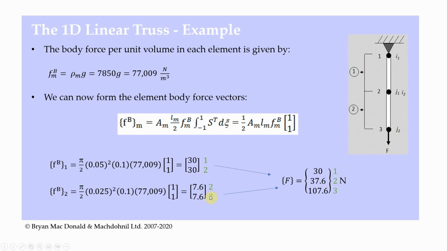Row 3 is only from element number 2, which is 7.6. But if you remember from the problem declaration, I also have an F of 100 newtons, so I add that 100 newtons in there as well. So my force vector has the body force vectors from the two elements plus the 100 newtons that's added directly onto node 3. And that's what I end up with there.